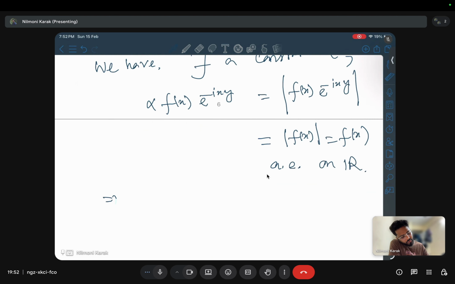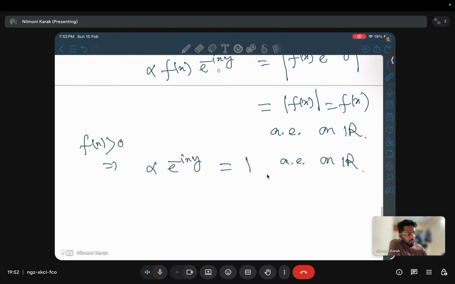And since f of x is positive, alpha times e to the power minus ixy equals 1 almost everywhere on R. And it holds only when y equals 0.